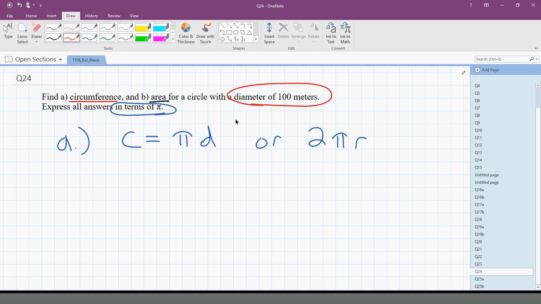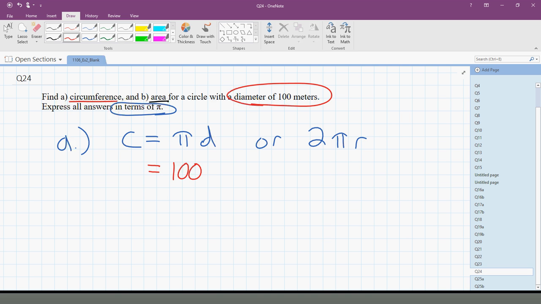So here's what we know. Which formula would you use? Pi d or 2 pi r? Absolutely. So if I want to keep my answer in terms of pi, all I got to do is plug in the d. What is the diameter? 100.